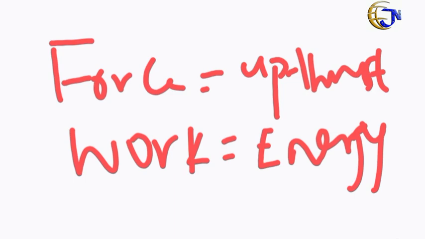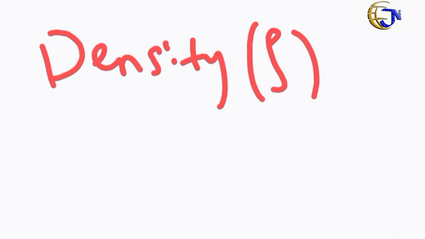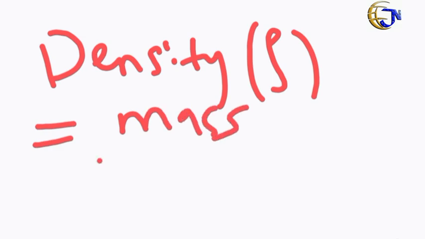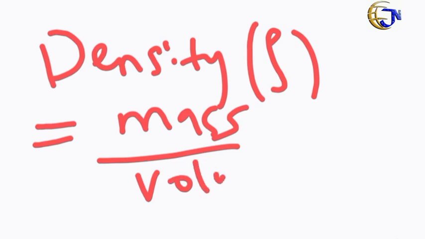Then let's derive the dimension for density. We use the symbol rho for density. Now, density is mass per unit volume. Mass of a substance compared with the volume.